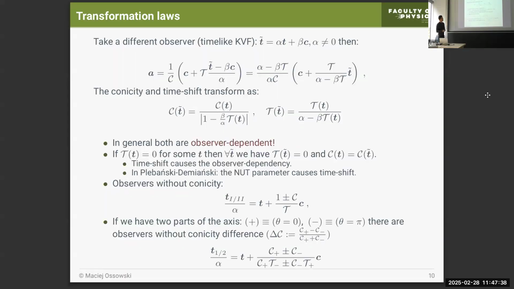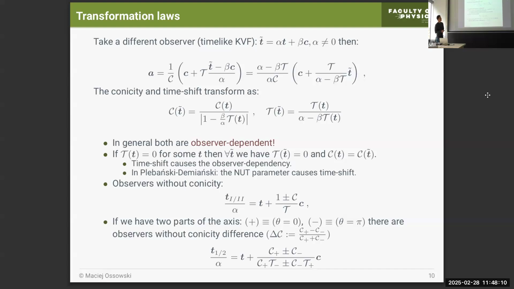So the conclusion is that both of them are necessarily observer dependent because they explicitly depend on these parameters b and alpha, which say which observer we have chosen. And when this is the case, so if there's no time shift for some observer, then the time shift for any observer is also zero.